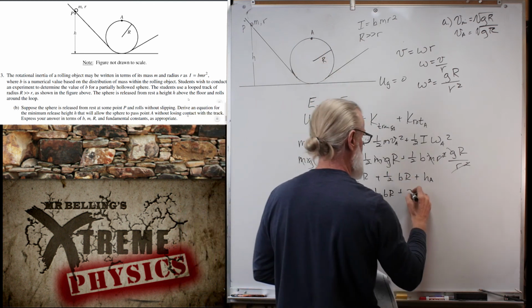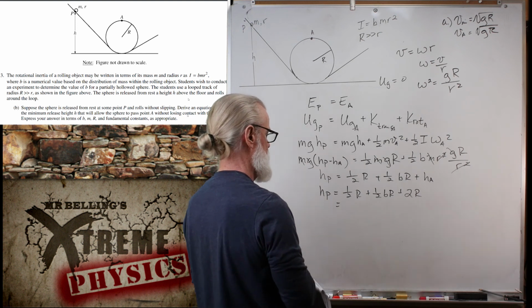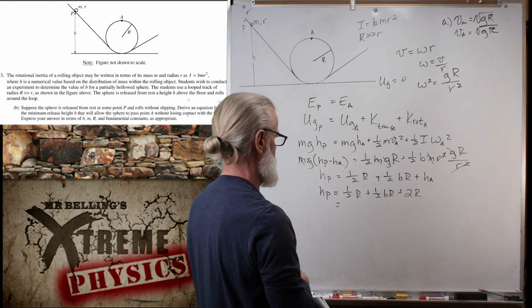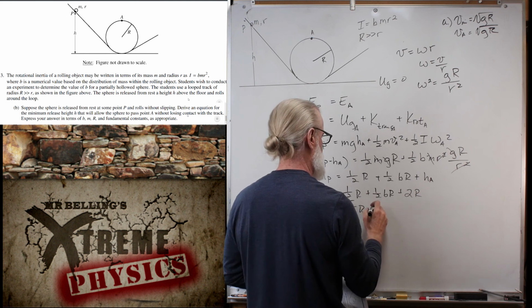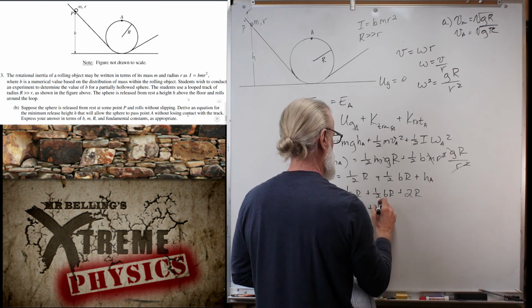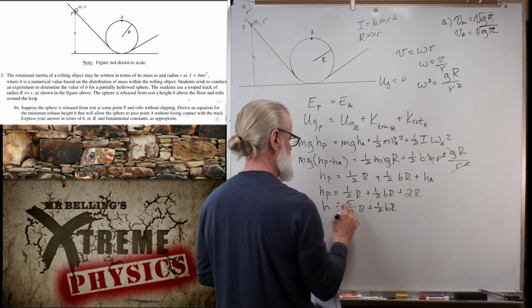That's 2R. All right, so we got 5/2 R plus 1/2 b R equals h.